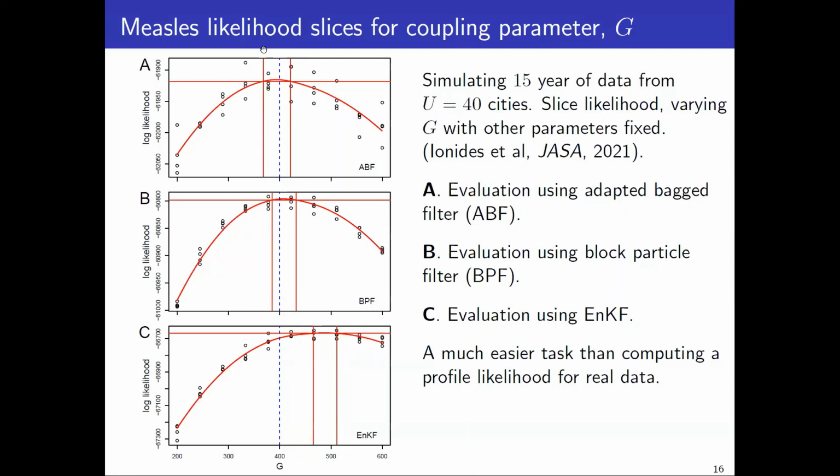This task is a much easier task than computing a profile likelihood for real data, which is what you'd have to do for real inference, because here it's simulation, we're just changing one variable. For a full profile, you have to maximize out over all the nuisance parameters. But here, we just treat the nuisance parameters as known in a simulation study.